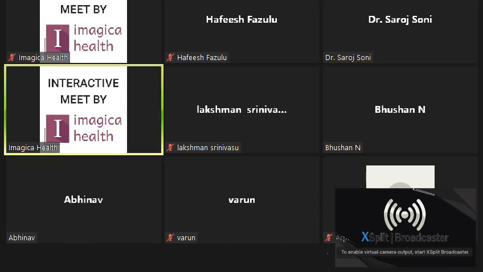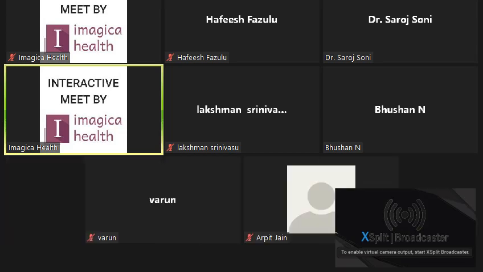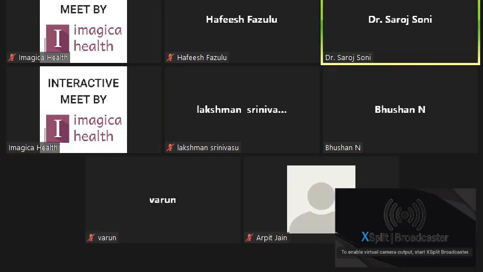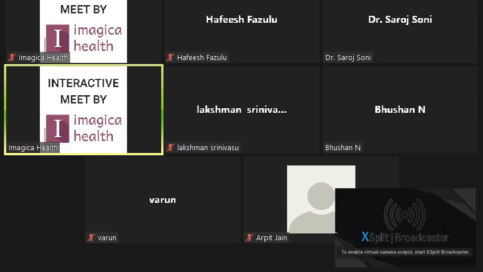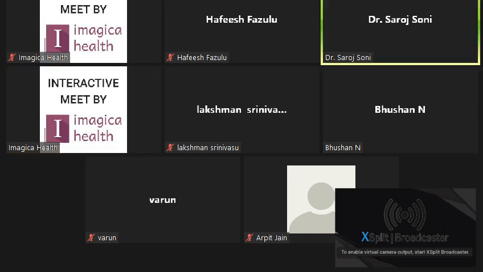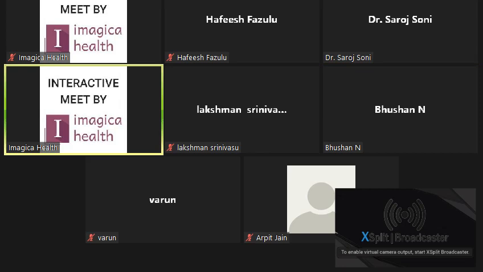Yes, just click on the share button. Then you can see the option screen, whiteboard, iPhone, iPad. That first option screen, you have to click on that, ma'am. Click on the screen button, the blue button.